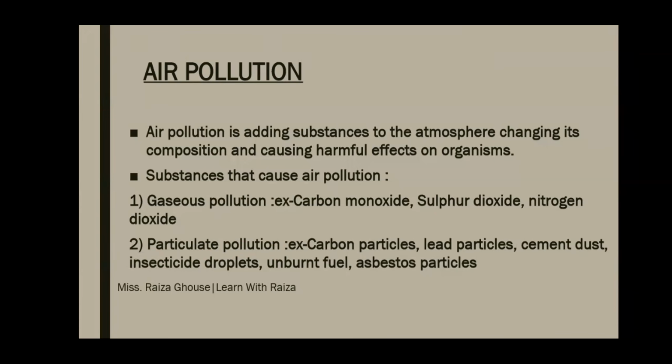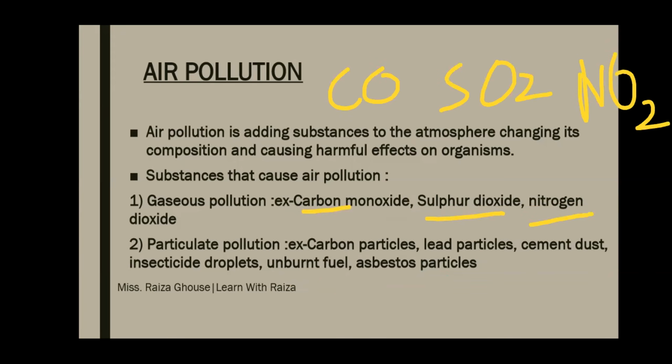Now, I have included examples for the gaseous pollutants and the particulate pollutants. Gaseous pollutants are carbon monoxide, sulfur dioxide, nitrogen dioxide. So here you can see carbon monoxide, sulfur dioxide, nitrogen dioxide, right? These are the gaseous pollutants.